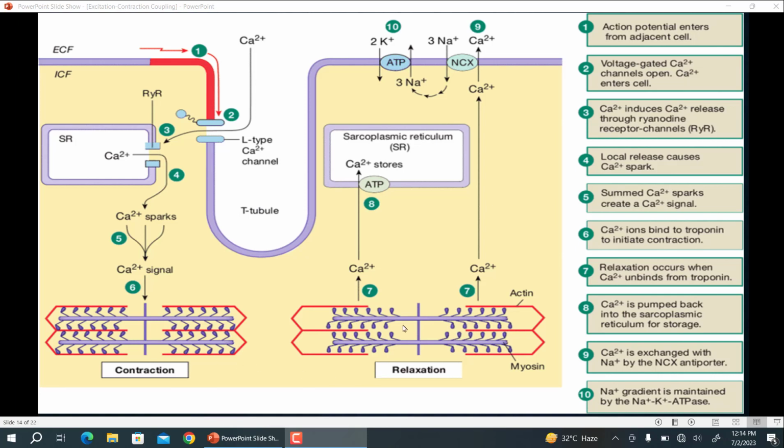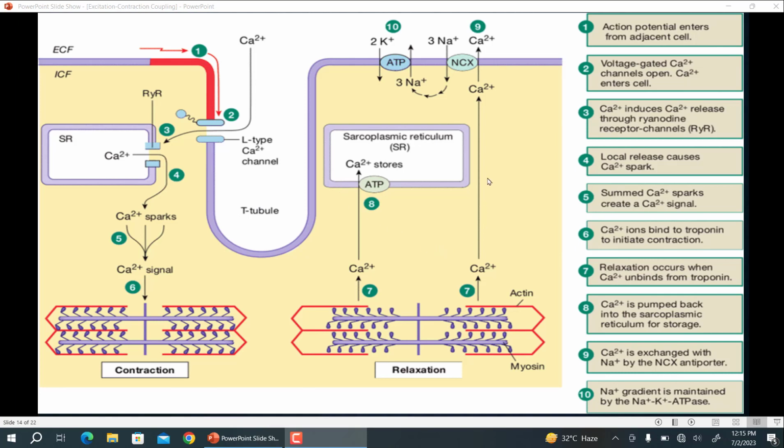This is the relaxed form and this is the contracted form. Then, when the contraction is over, the calcium is retaken by the sarcoplasmic reticulum by the ATP-dependent calcium pump, which is energy dependent.